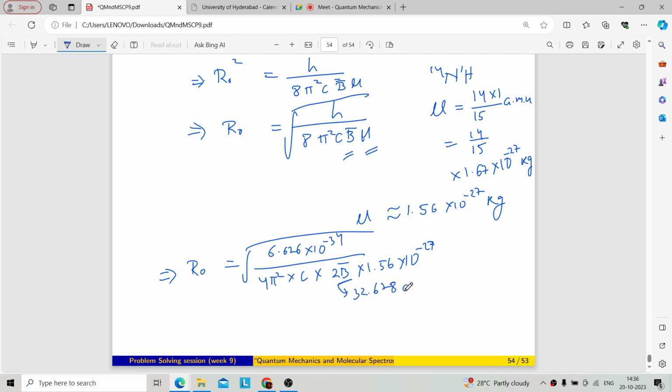This was centimeter inverse. So we have to convert c also into centimeter, so this will be 3 into 10 to the power 10 centimeter per second.